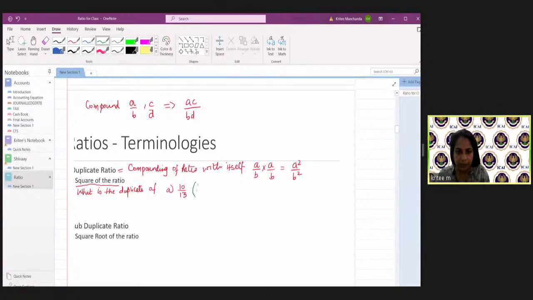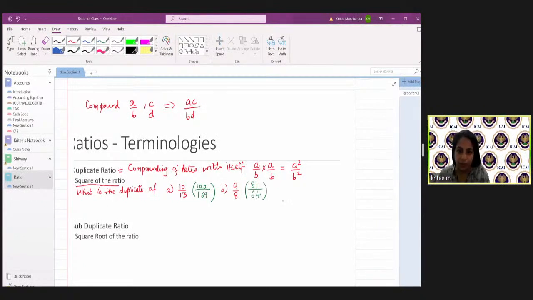It's 100 upon 169. 10 tens are 100, 13 13s are 169. Again, what would be the duplicate ratio of 9 by 8? Again, giving you a few seconds. Try to solve it mentally. 9 9s are 81. 8 8s are 64.